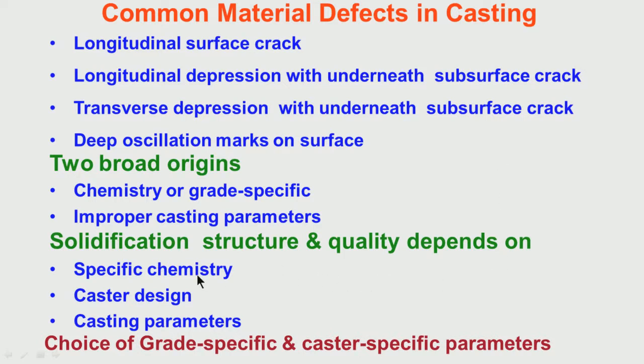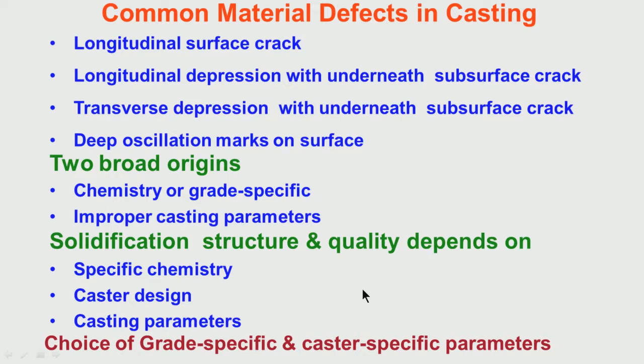So what is important is that the solidification structure and quality are correlated. As I have mentioned, specific chemistry is important, caster design is important. What is meant by caster design? I have told you the mold can be vertical type, it can be a bow type, that means there is a curvature in the mold. If it is a vertical type, then from the entrapment point of view it is relatively better.